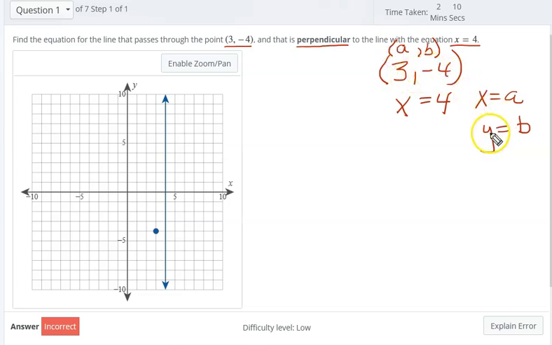What would be this equation using these coordinates? Well, our y is going to equal the negative 4. And that would be the answer. And that line would form like so. Would go through that point and be perpendicular.